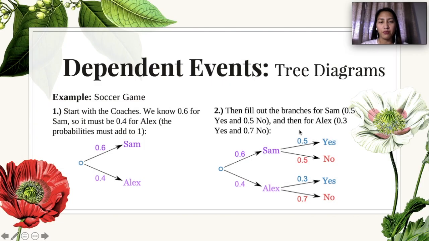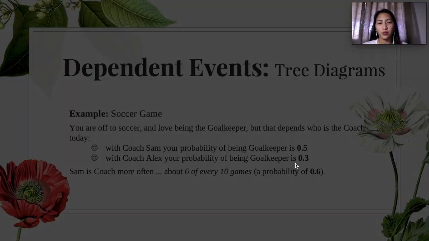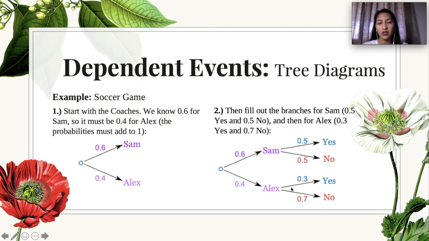So, you have here 0.5. 0.5, ibig sabihin, possibility din na hindi ka mapili. So, mas equal lang yung possibility kay Coach Sam, yung ikaw yung goalkeeper at hindi ka goalkeeper. Samantalang kay Coach Alex naman, the probability of you being goalkeeper is 0.3. So, you have to put here 0.3 for the yes and 0.7 for the no.